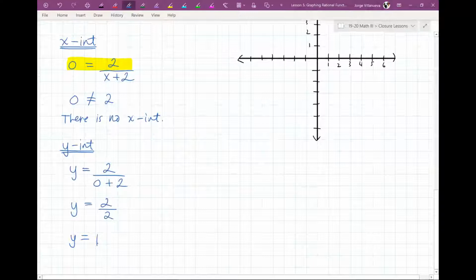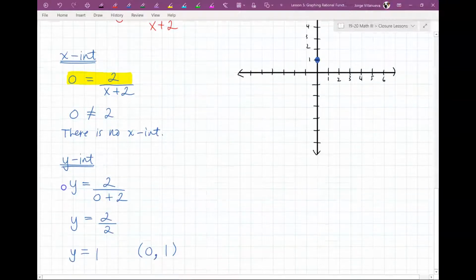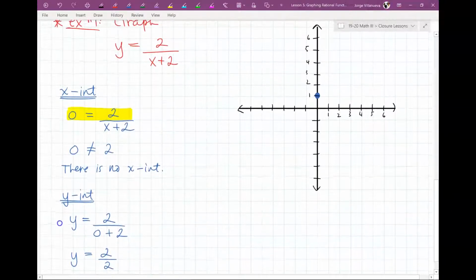That means that my y-intercept occurs at 0, 1. The reason why I know it's 0, 1 is because I let x equal 0 and I got y equal to 1. Remember there is no x-intercept, so I'm not going to put a dot there. But at 0, 1, I'm going to put a dot. So there it is.